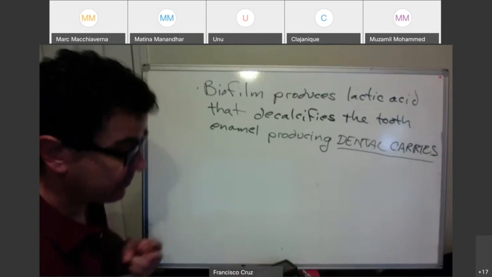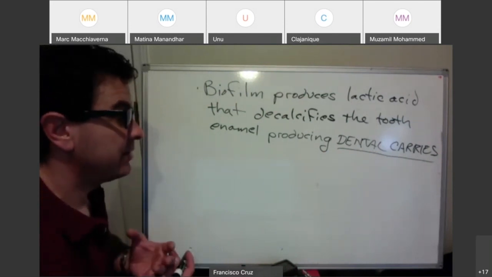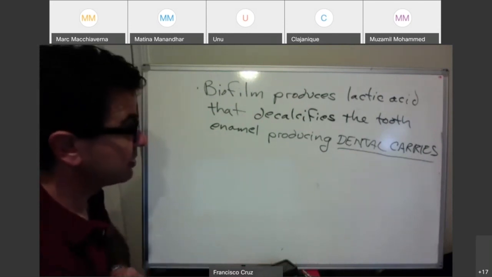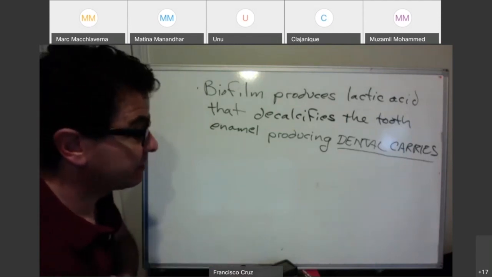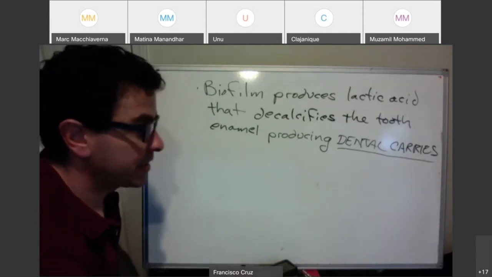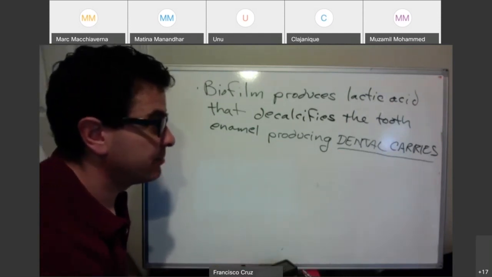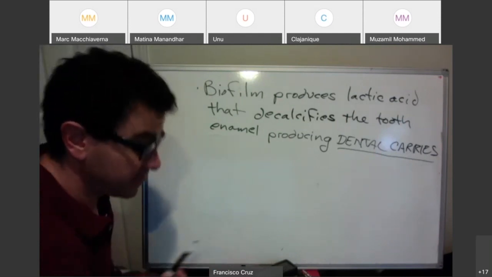And then if that dental plaque goes unchallenged and remains in place, then it continues to grow. This biofilm then promotes and supports the growth of all these other bacterial species. Now you have numerous bacteria inside of this biofilm. This intensifies lactate production, and this will decalcify the tooth, and then you have a dental carie.